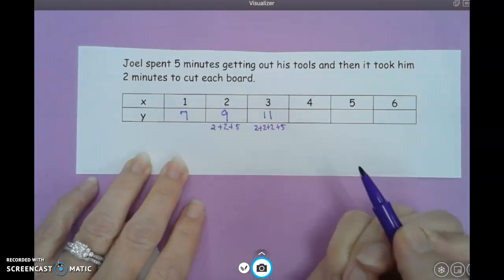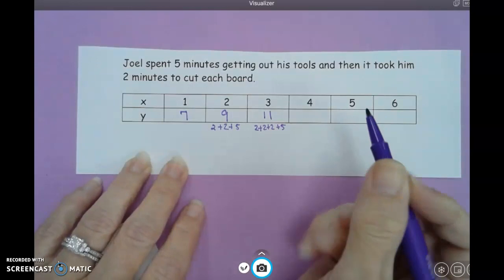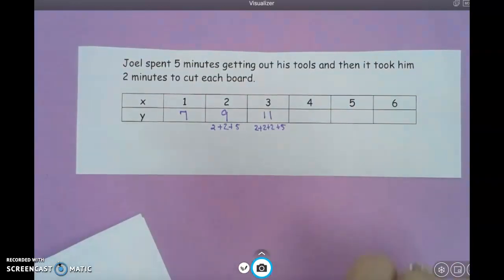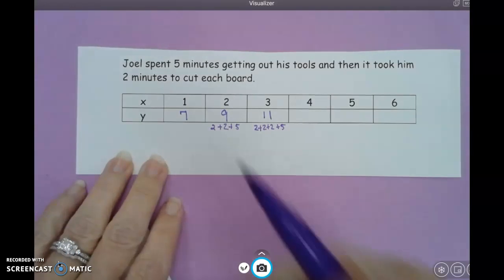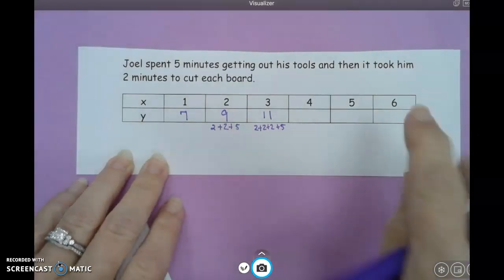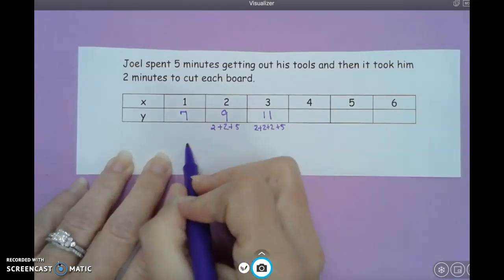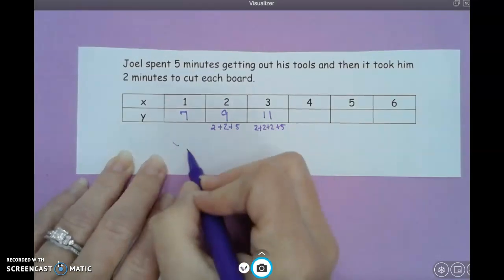So I want to see if I can write some kind of rule that's going to always work, so that if I wanted to cut 280 boards, I could figure out how to do that without having to take this table all the way to 280. So I've got my y equals, I'm trying to figure out what is happening.